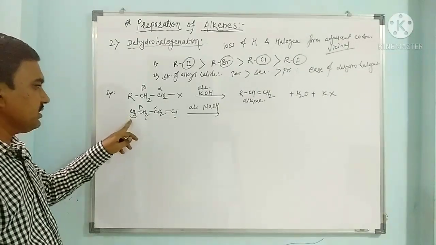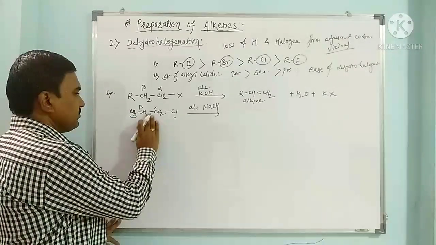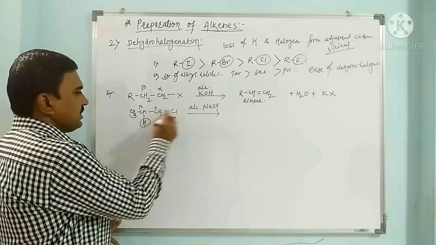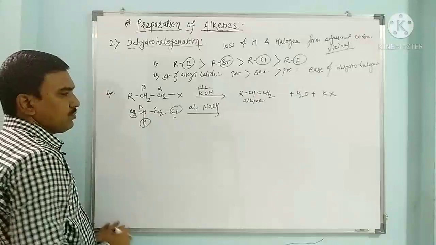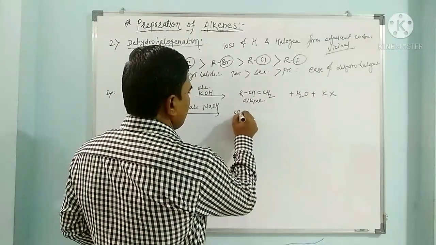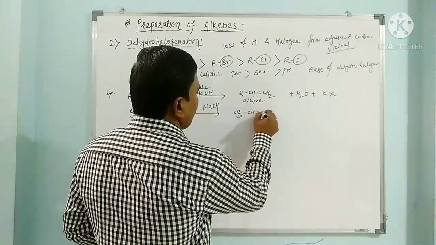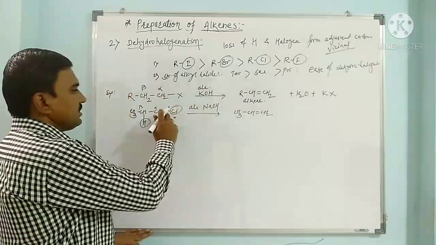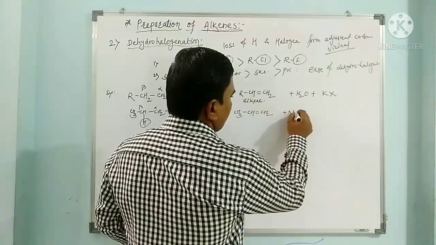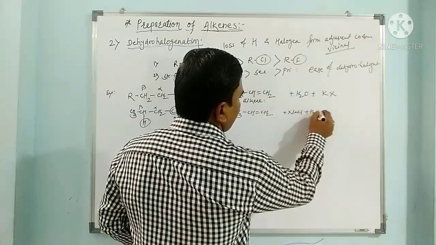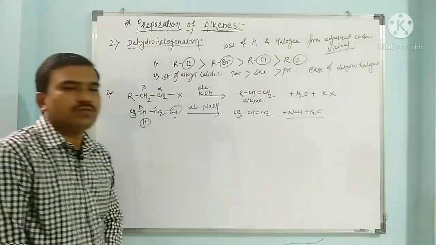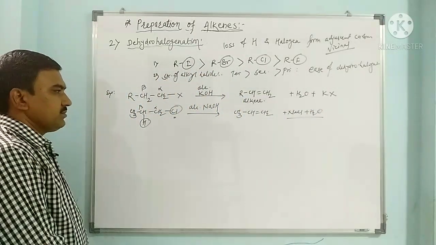So we have CH3, this hydrogen and this halogen are lost, there is a double bond formation between these, so we get CH3 CH double bond CH2 plus NaCl plus H2O. So this NaCl dissolves in this water, propene we get.